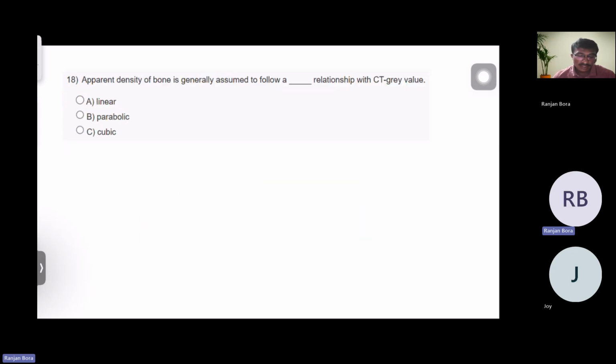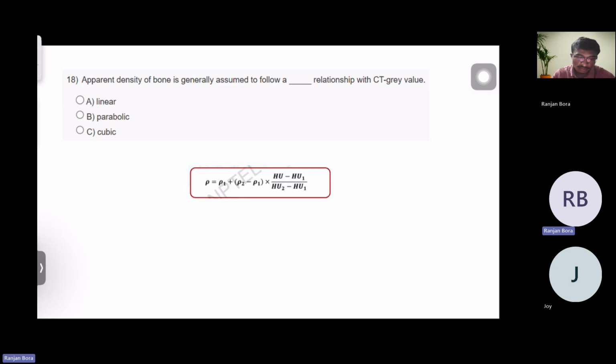Next question is, apparent density of bone is generally assumed to follow a relationship with the CT gray value. So it is assumed to follow a linear relationship.